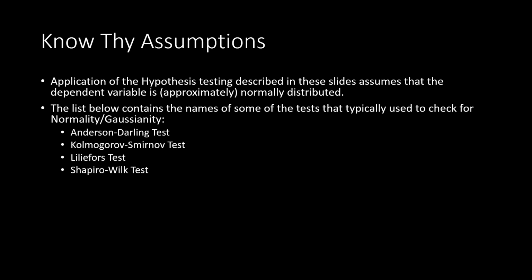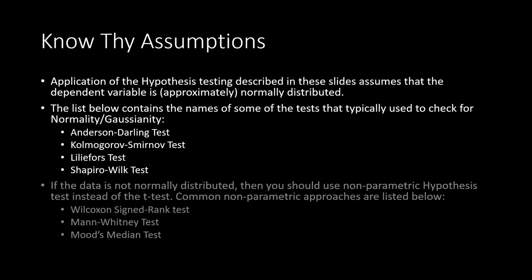Here are some tests that you could use to check if your data is normally distributed. If your data turns out not to be normally distributed, then you could go for a non-parametric hypothesis testing approach instead of the t-test, and some of those approaches are also listed on these slides.